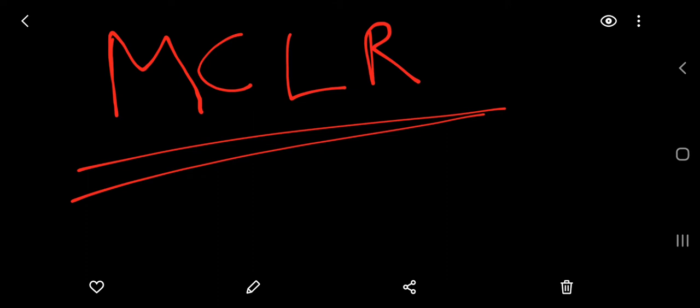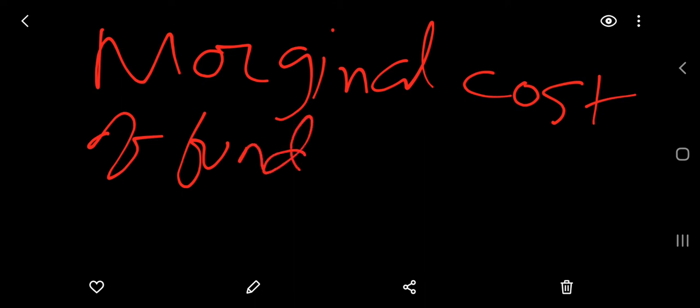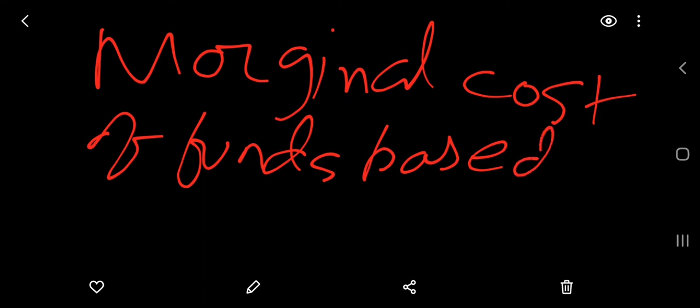Now I will have to write this, so I will be writing it: marginal cost of funds based lending rate.